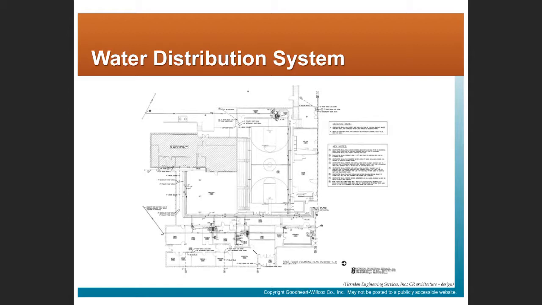So again, this is a plumbing system in plan view. And over here where it says girls, this looks like a school. So that's a girls lavatory, with LAB1 would be the lavatory sinks.